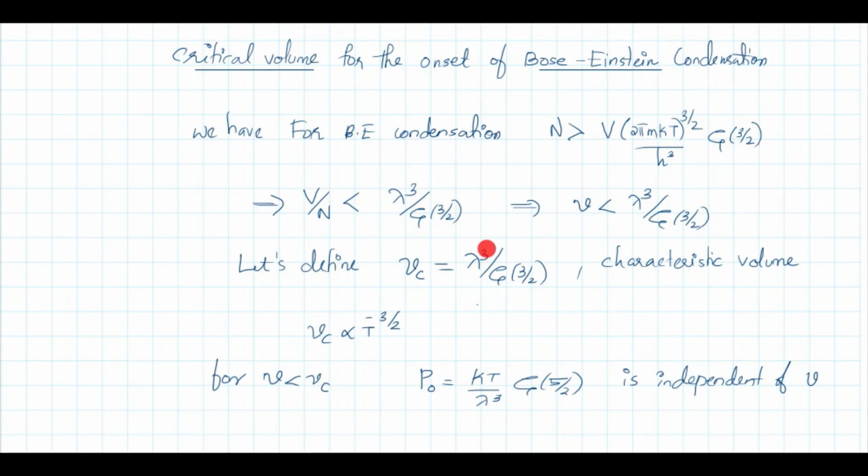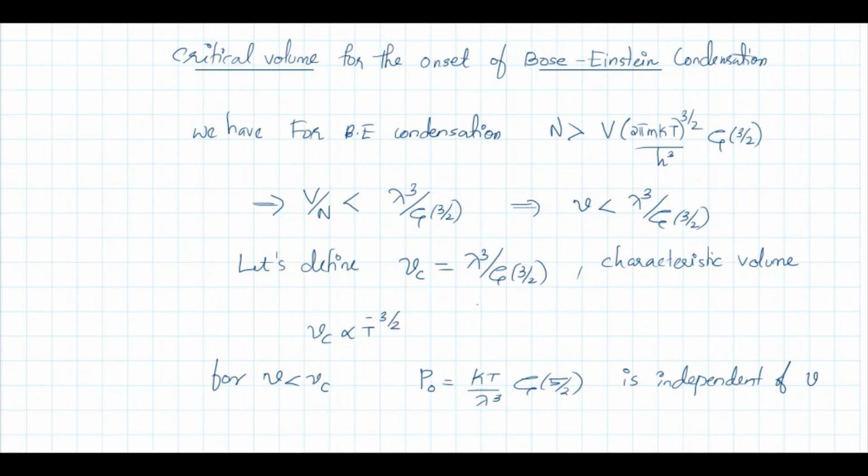If we fix the number of particles and temperature and vary the volume, below a particular volume Vc equal to lambda cube by zeta of 3 by 2, which is the volume per particle, we will have Bose Einstein condensation. And this critical volume is proportional to T raised to minus 3 by 2.